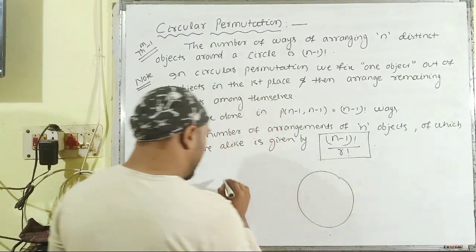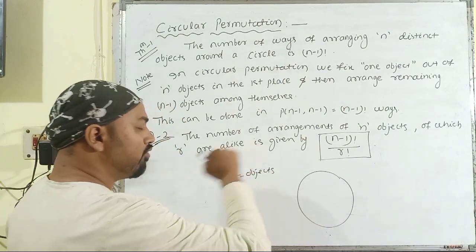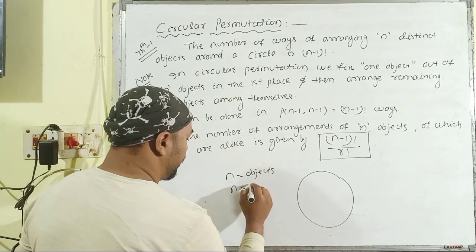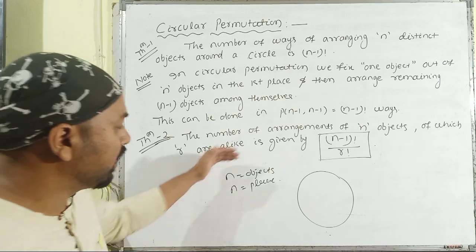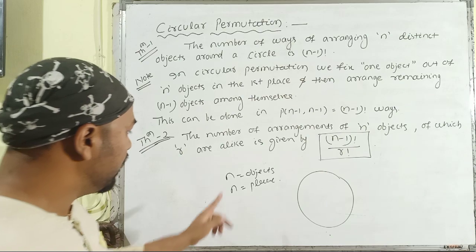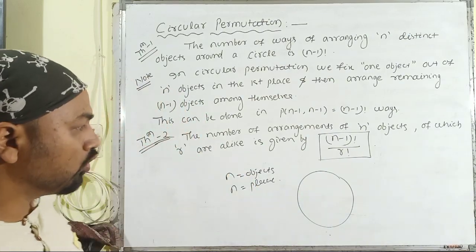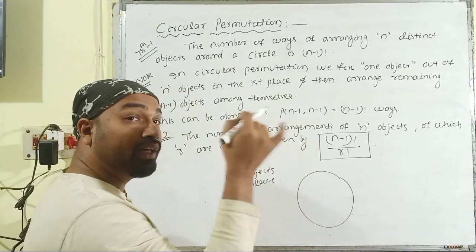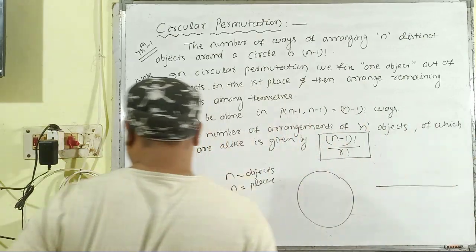To arrange n objects around a circle, that means there are also n places. You must be convinced that there are n places for the n objects. Arranging n objects around a circle is a little bit different from arranging n objects in a straight line.